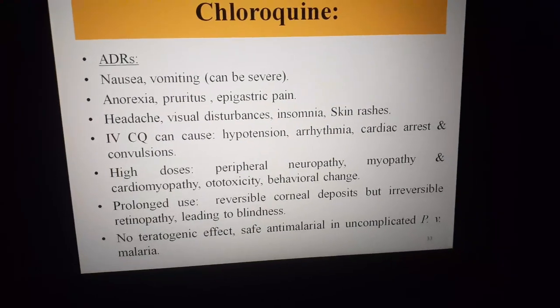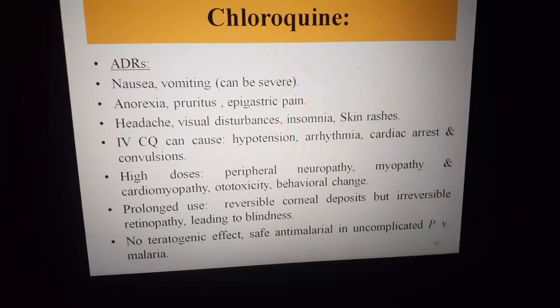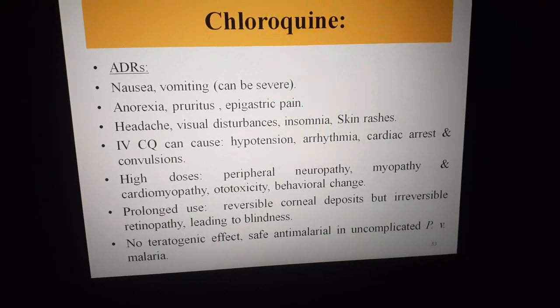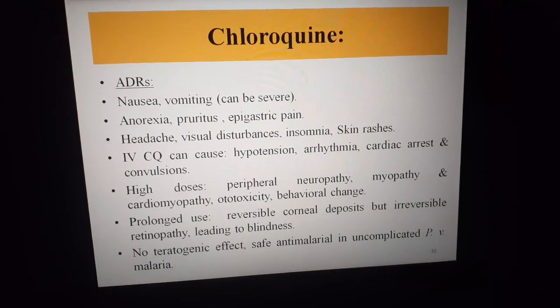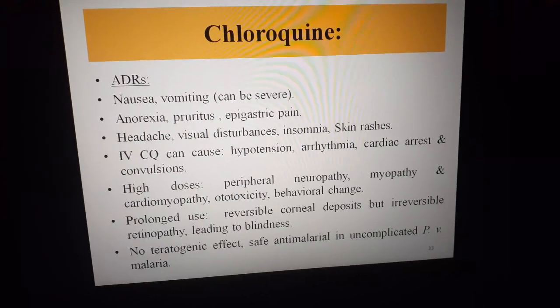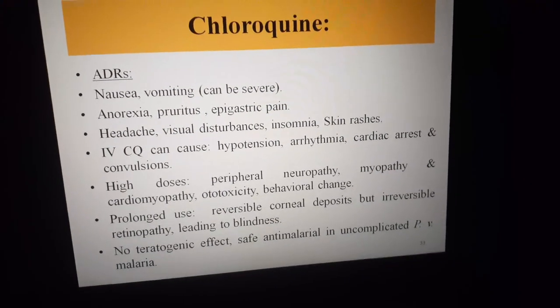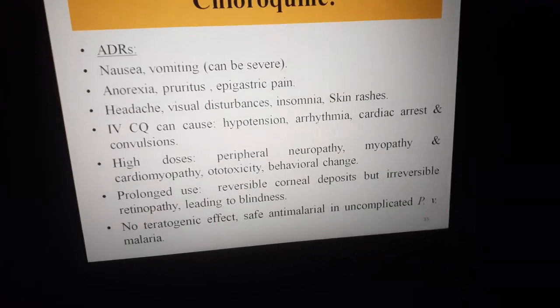Intravenous chloroquine can cause hypotension, arrhythmia, cardiac arrest, convulsions. High doses can cause peripheral neuropathy, myopathy, cardiomyopathy, ototoxicity, behavioral changes. And this drug chloroquine is safe in pregnancy, so it is the preferred drug in uncomplicated Plasmodium vivax malaria during pregnancy.